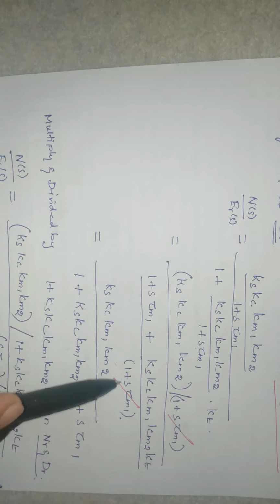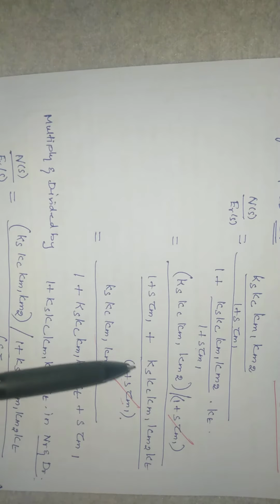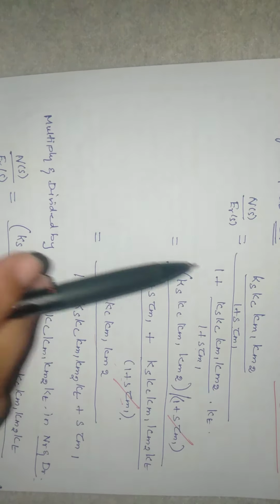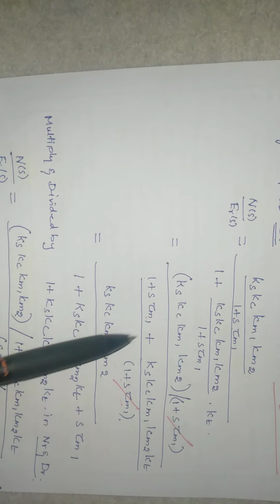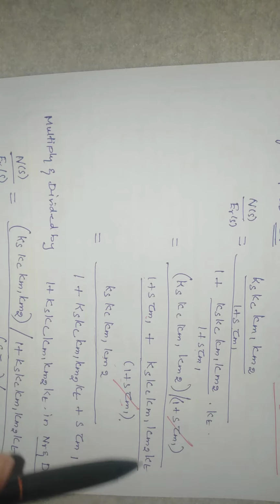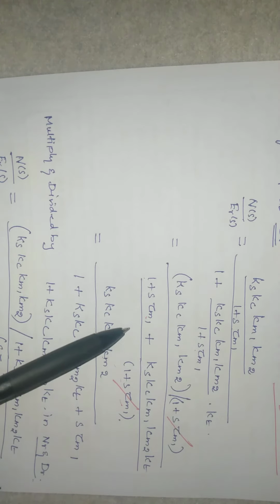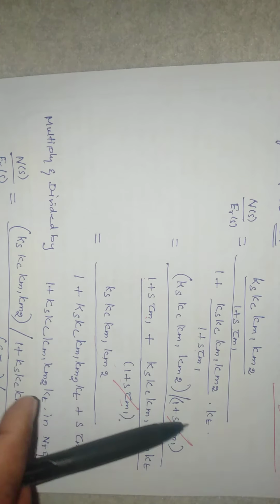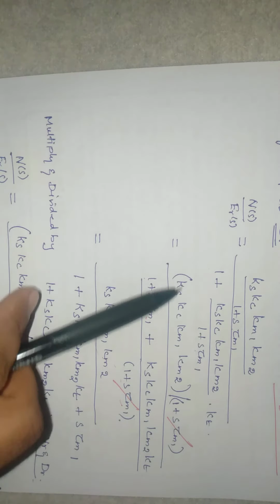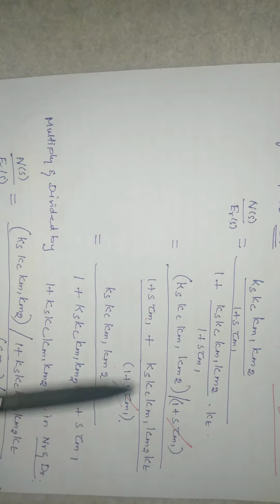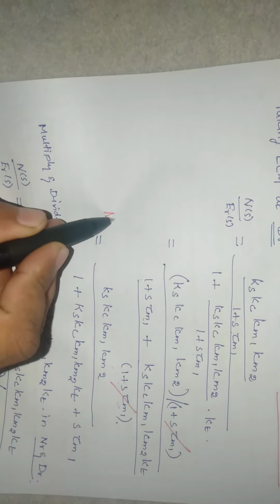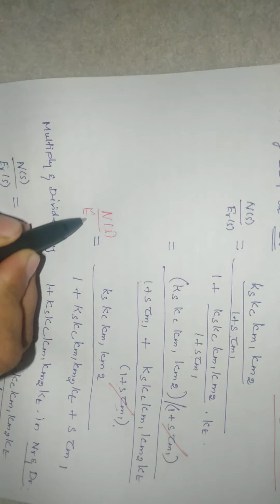That LCM will be 1 plus S tau m, and the 1 will be considered as 1 plus S tau m because we are taking the LCM here. So cross multiplication plus Ks, Kc, Km1 and Km2 into Kt. In numerator and denominator we have the common term, so it gets cancelled, and the remaining term we write as it is. So this is our N of S divided by E R of S.